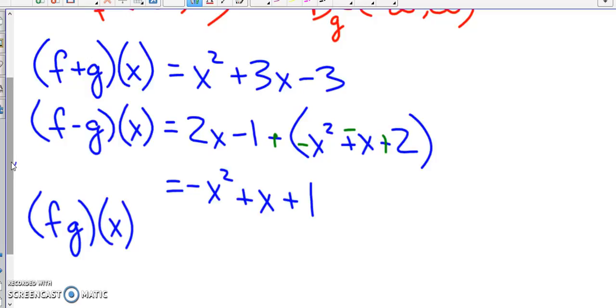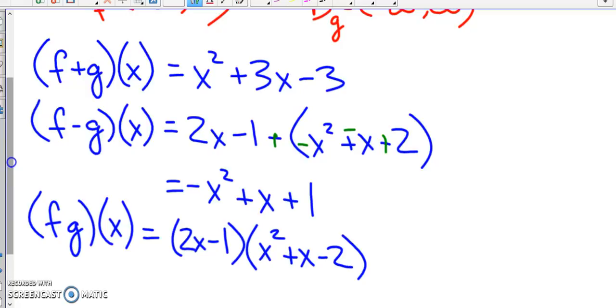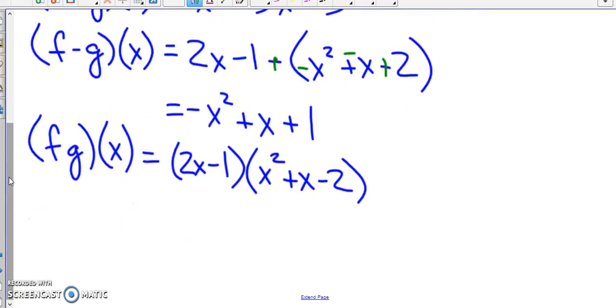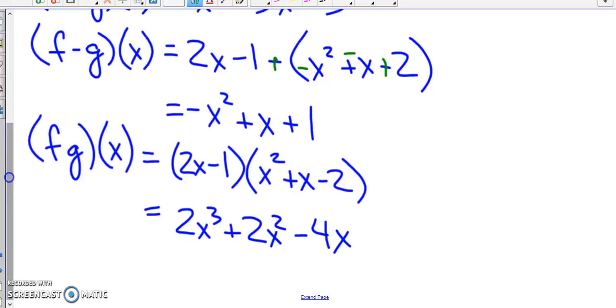So how about f times g? How would I have to do that? Yeah, basically I would have to FOIL it out. Distribute, yes. This is 2x minus 1 times x squared plus x minus 2. So if we FOIL that real quick, this is 2x cubed plus 2x squared minus 4x minus x squared minus x plus 2.